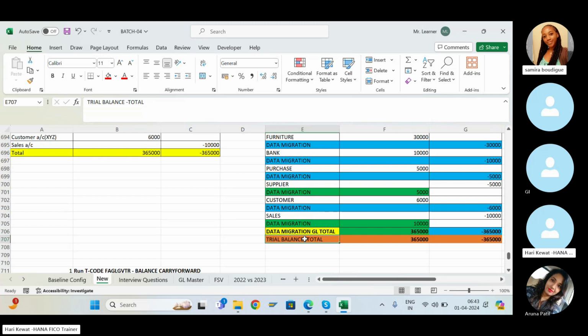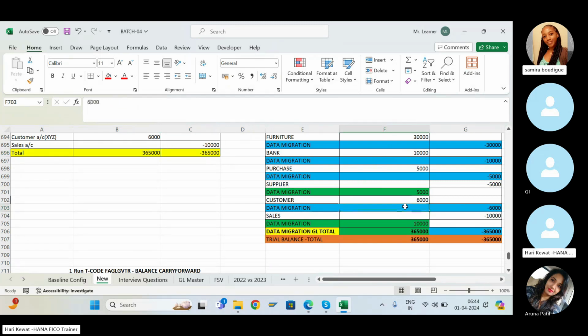Now all other GL balances I also need to check. I have to add cash balance, furniture balance, every GL balance. And this balance should exactly match with the debit balance of the legacy system trial balance, and the credit balance should match with the legacy system trial balance. Is it clear?